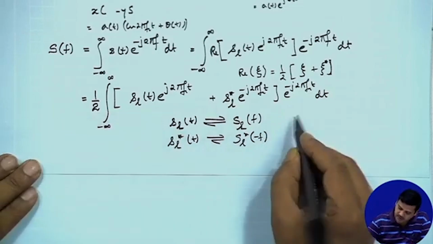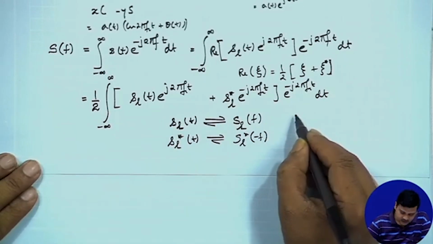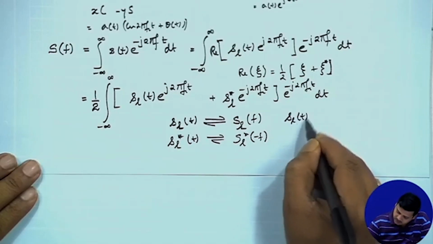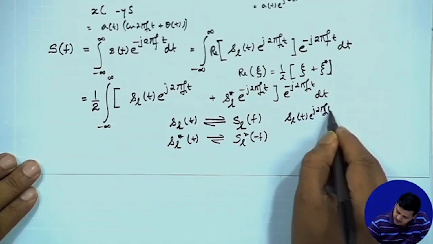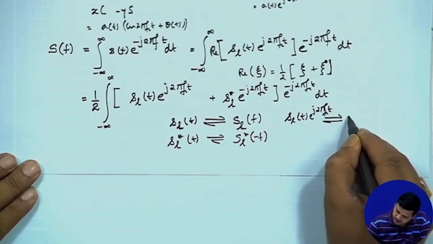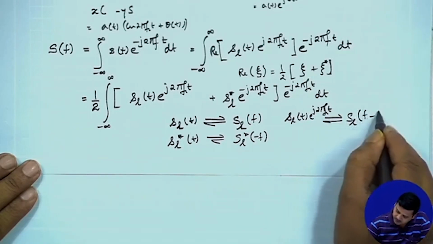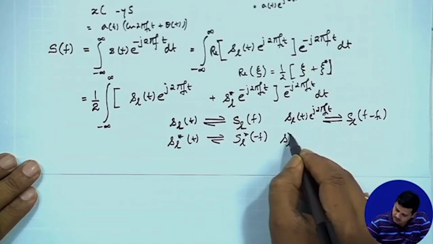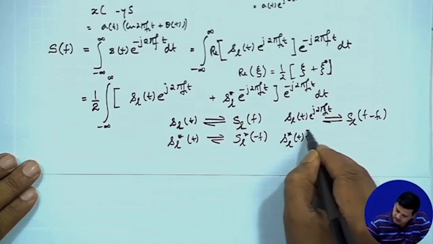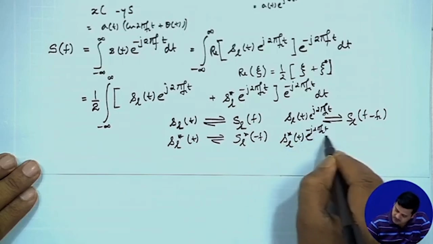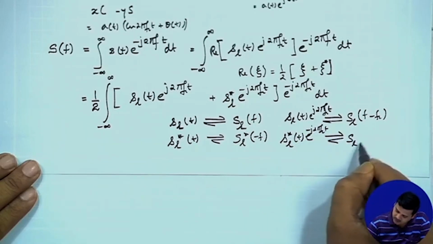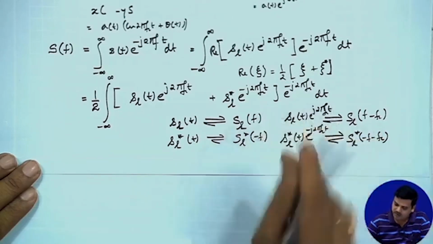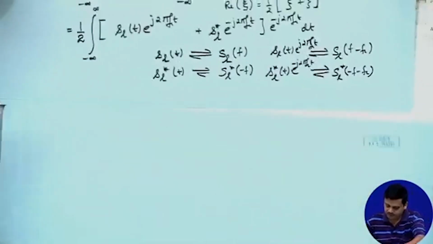We could also state that s_L of t e to the power of j 2 pi f_c t has the pair s_L of f minus f_c, and similarly s_L conjugate of t e to the power of minus j 2 pi f_c t has the pair s_L of minus f minus f_c, conjugated. This is the relationship that we are going to use.